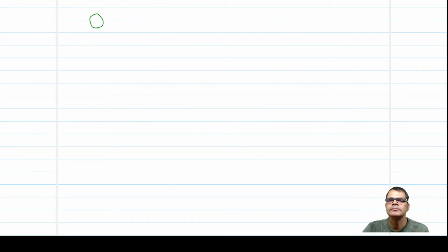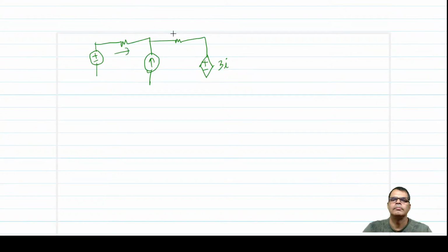The question is, this is your 7 amp, then 3 ohm, 2 ohm, this is your 24 volt.